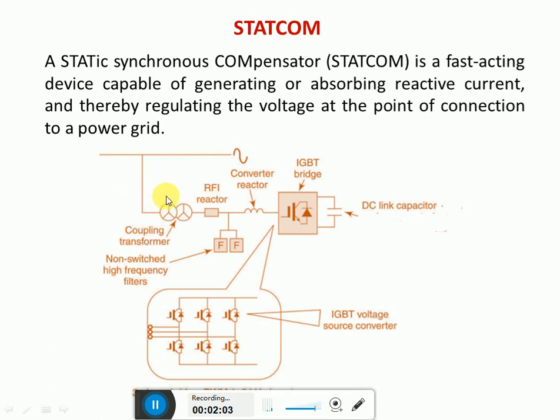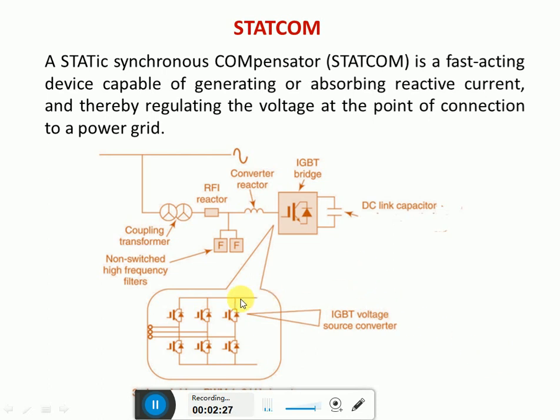This is the part of the STATCOM, and this STATCOM is connected in shunt with the power grid or power system through a coupling transformer.